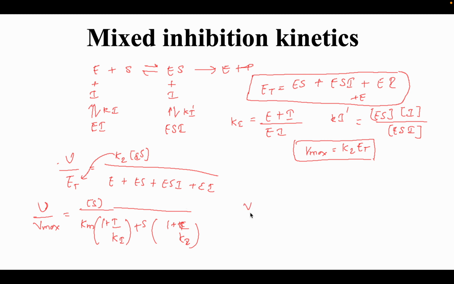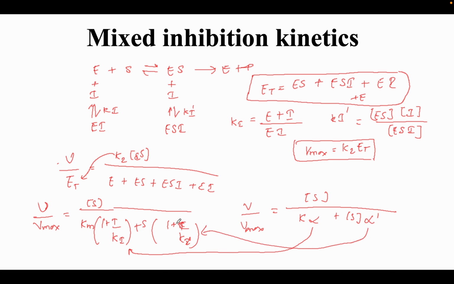Finally, if we simplify this, we get V0 upon Vmax equal to substrate concentration upon Km alpha plus substrate alpha prime, where alpha is equal to 1 plus I upon Ki, and alpha prime is equal to 1 plus I upon Ki prime.